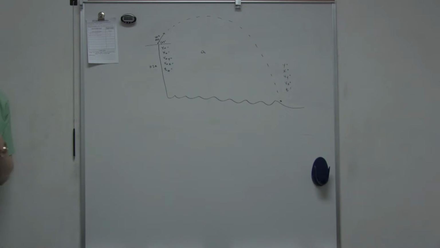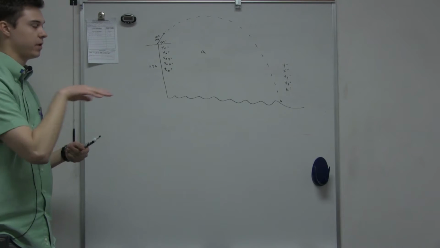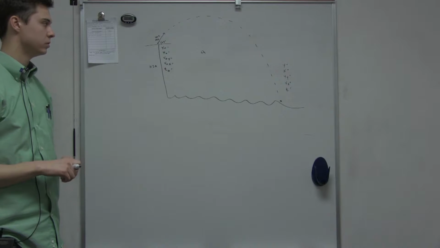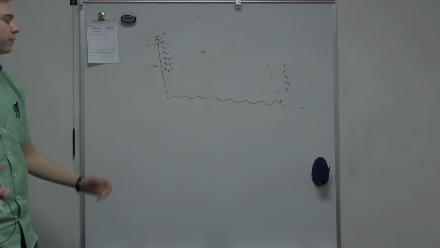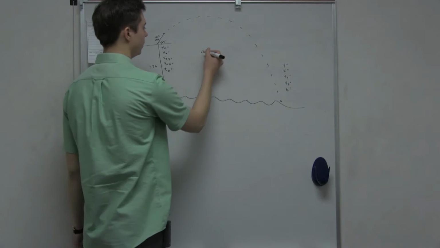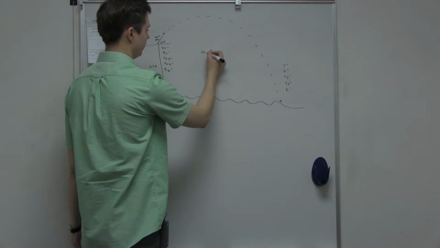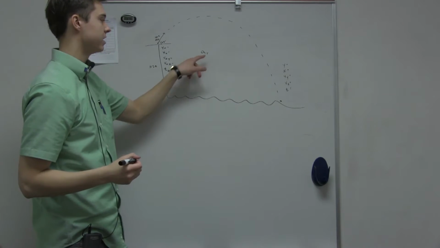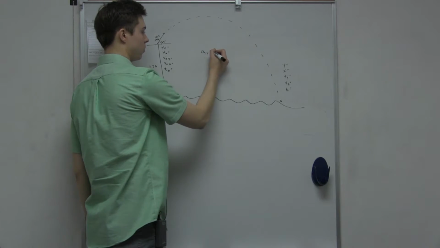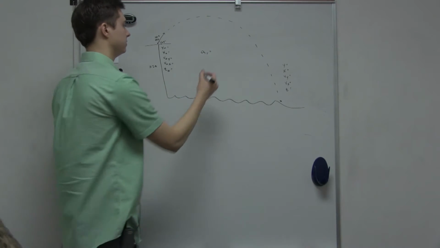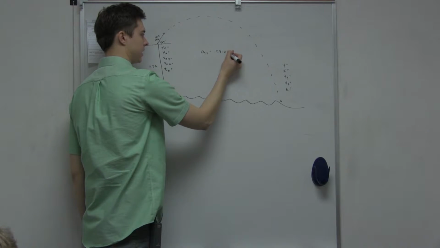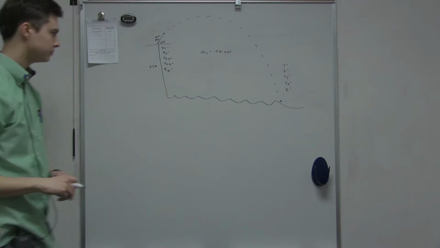Yeah, in real life, when we throw a baseball or something, it's going to slow down in the x direction because it's going to be going up against air molecules, which are going to slow it down. But in 105, we usually just don't worry about that, because compared to gravity, that stuff's pretty small. So we can say a sub y, just to remind ourselves that this only happens in the y dimension, and that's going to be negative 9.81 meters per second squared.